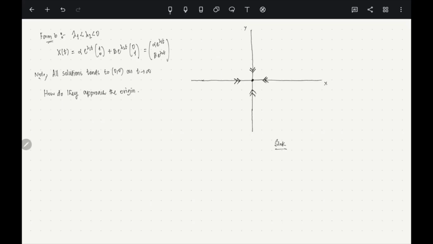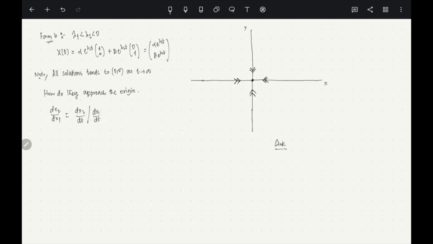To do that, we are going to write down dx2 by dx1. Given any point on the curve, we want to look at the slope. What is the slope of the solution? That is given by dx2 by dt divided by dx1 by dt.